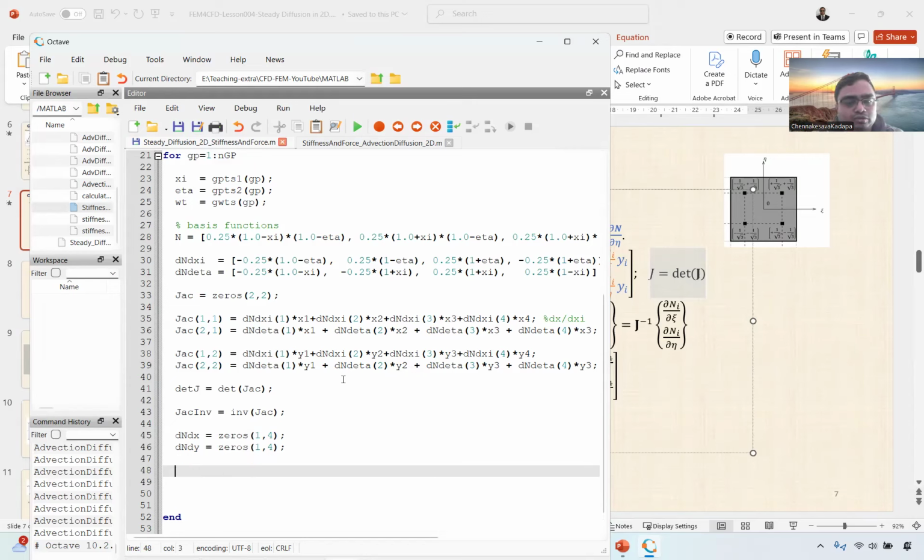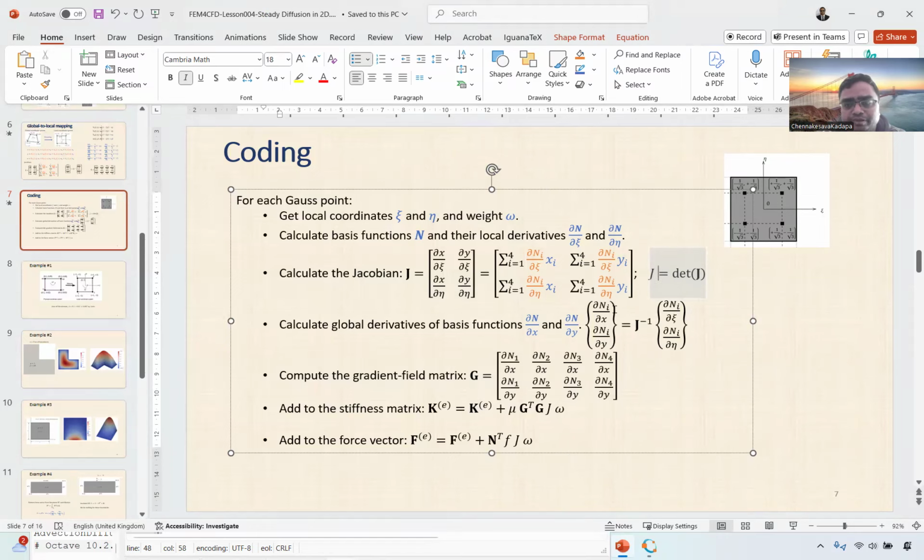What we need, dou N by dou x, the first one, is Jac inverse 1 comma 1 times dou N by dou xi for the first basis function, plus Jac inverse 1 comma 2 times dou N by dou eta for the first basis function. So to calculate the derivative of the basis function with x, we multiply the inverse of the Jacobian with this.